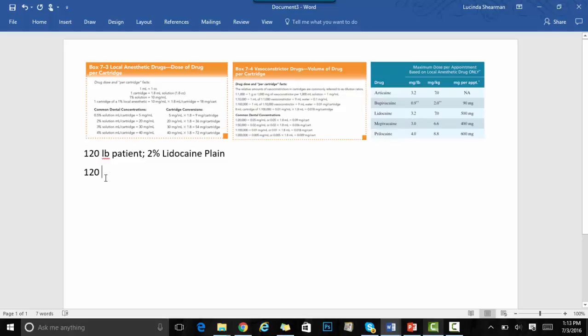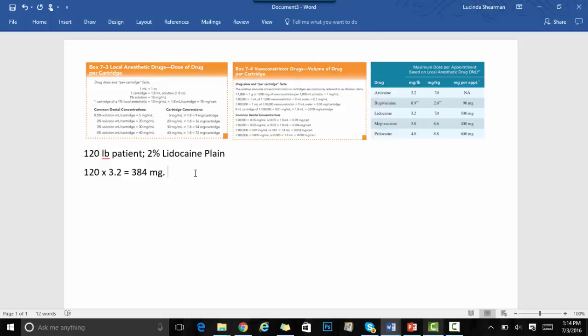So let's go 120 pounds times 3.2 milligrams is going to equal 384 milligrams. This is well under the 500 milligram absolute MRD for lidocaine, so her weight limits her to receive no more than 384 milligrams of anesthetic.